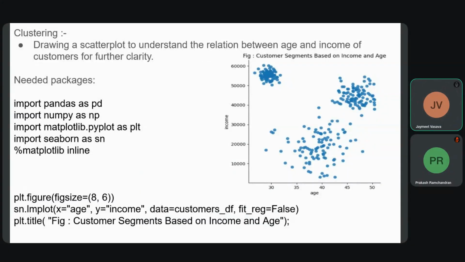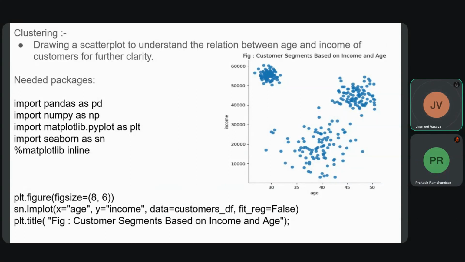To understand how the whole data set looks, we would use a scatter plot to understand the relation between the age present in the data set and their income, and how they look when they are plotted on a graph.